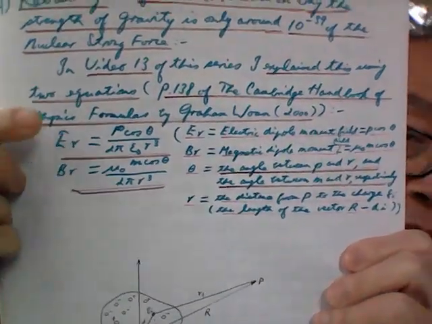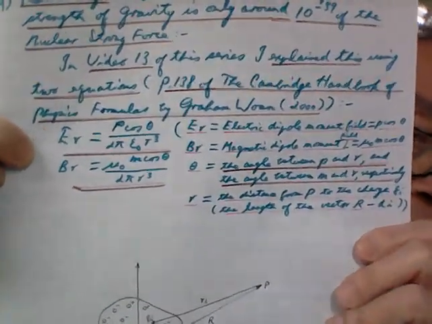And since I have done these proofs, therefore I use these two equations, the electric dipole moment and the magnetic dipole moment, to show why the strength of gravity is only around 10 to the power minus 39 of the nuclear strong force.